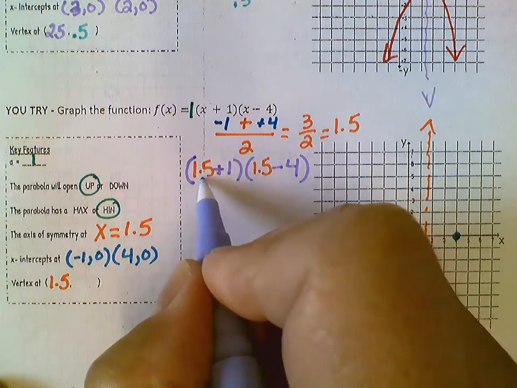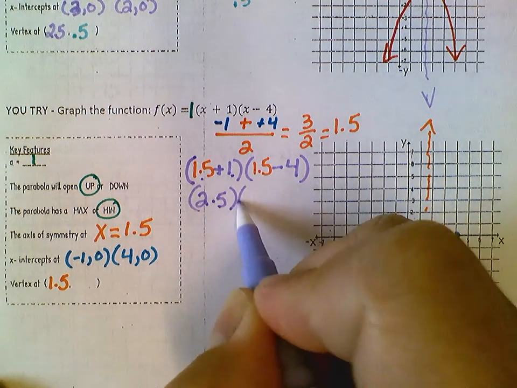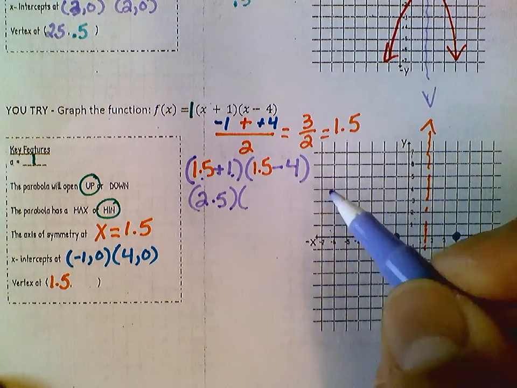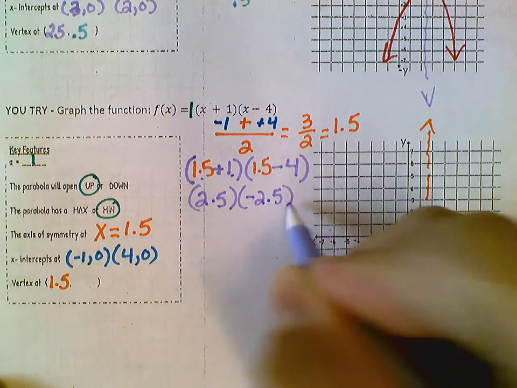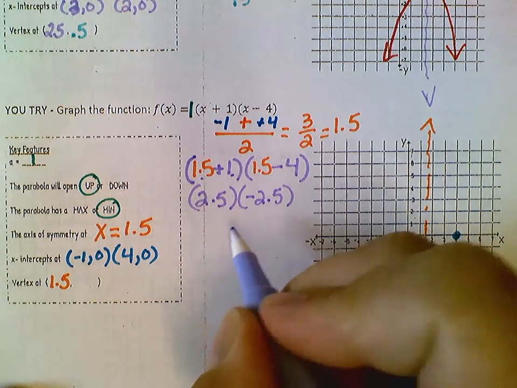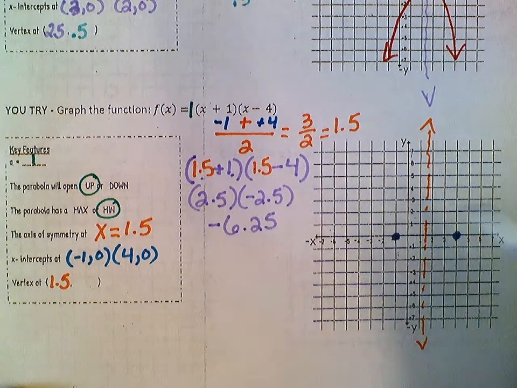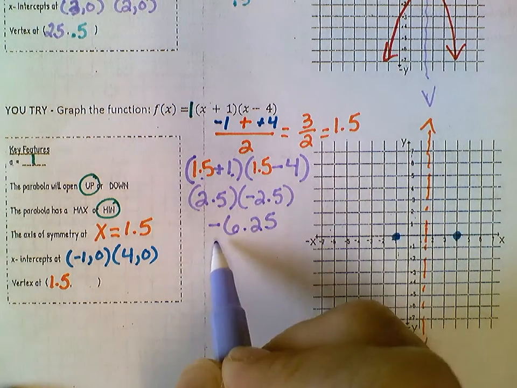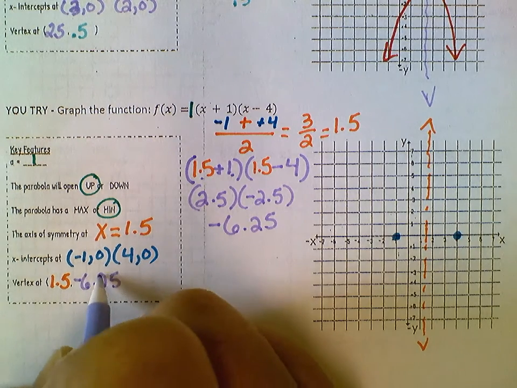So 1.5 plus 1 is 2.5, and 1.5 minus 4 is negative 2.5. Then I multiply 2.5 times negative 2.5 to get negative 6.25. So here is the y value of my vertex.